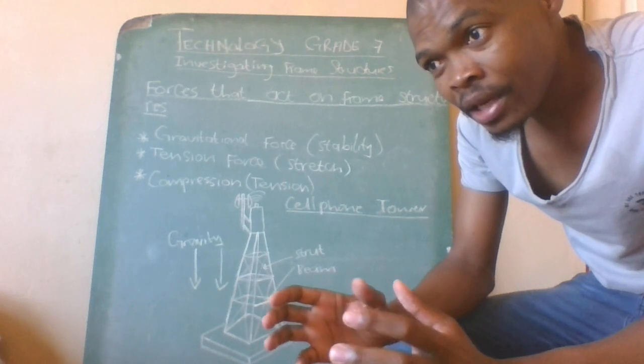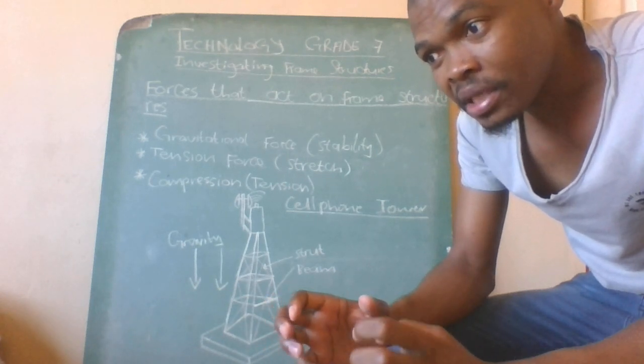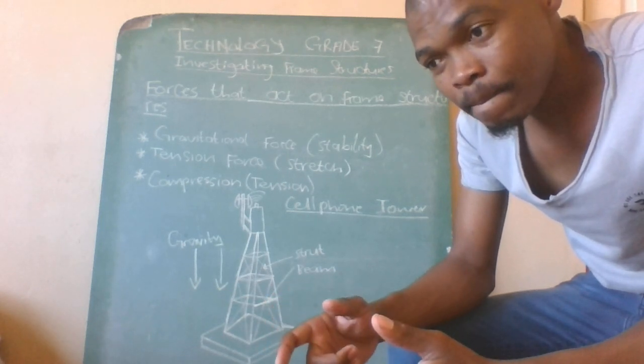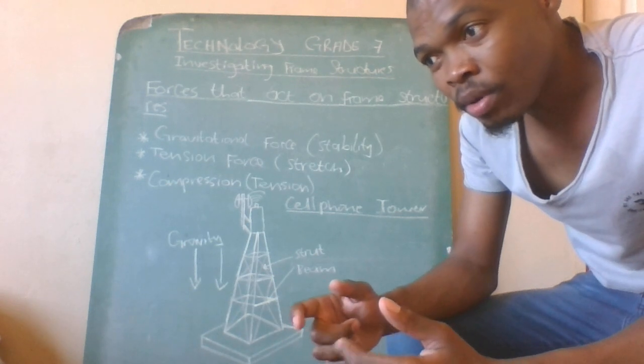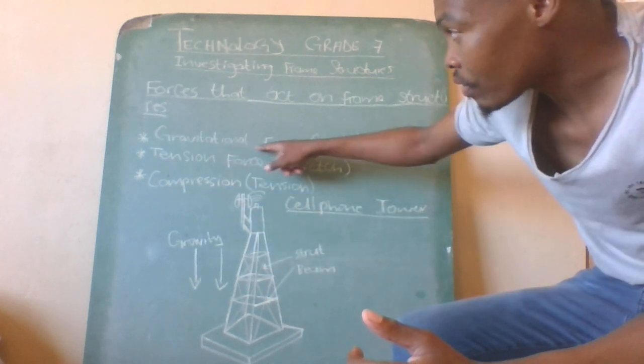How do we then create a structure which will be stable even in cases where the pushing or pulling force is greater than the gravitation?